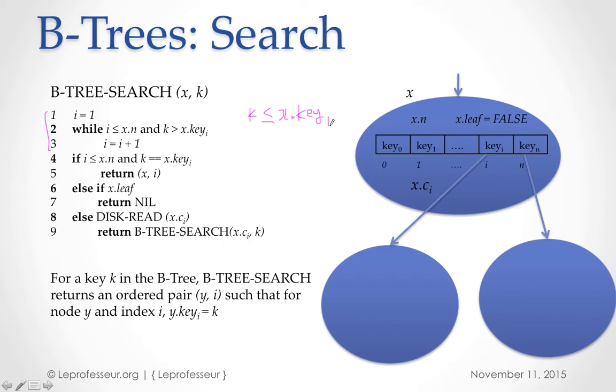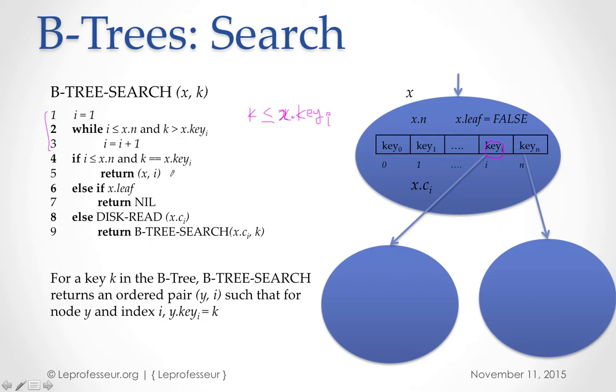Once you know that your key is less than or equal to the key at a particular index i, and the key is not found there, you can descend to one of the children.